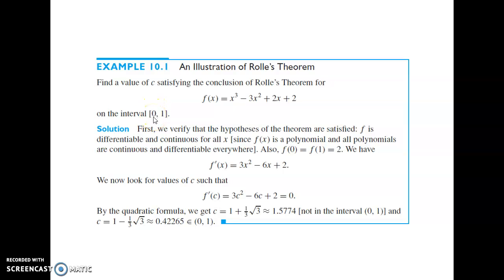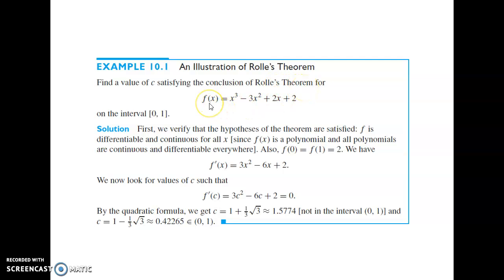I put x equal to 0 in this, and I put x equal to 1 in this. So f of 0 and f of 1 are both equal to 2. Therefore, f of 0 is equal to f of 1, so I can use Rolle's theorem.